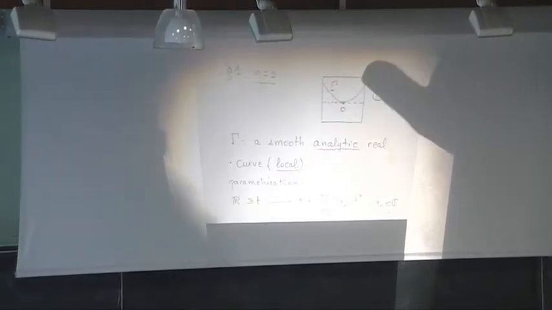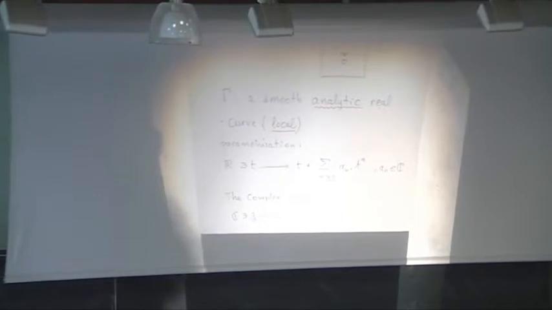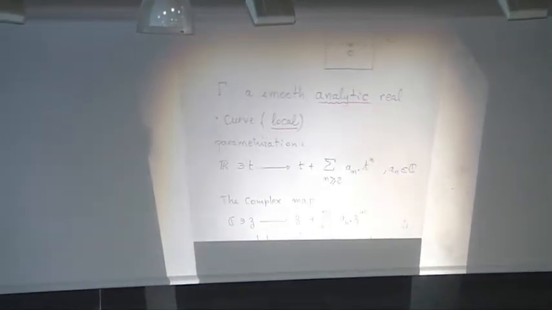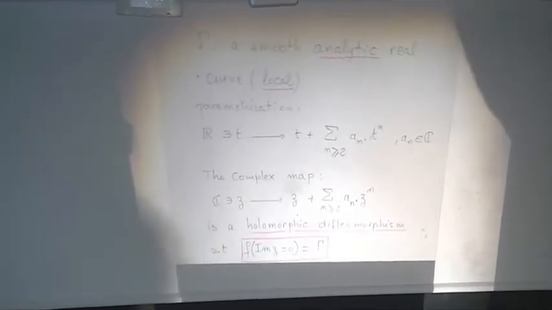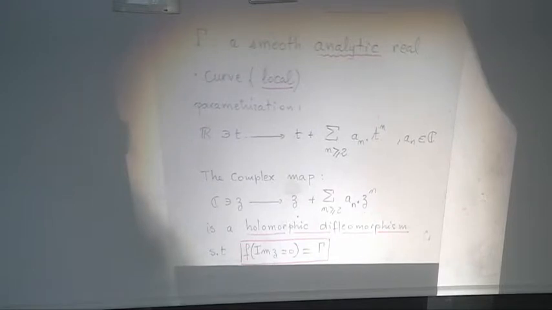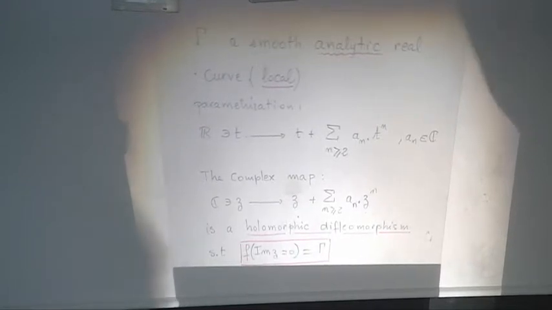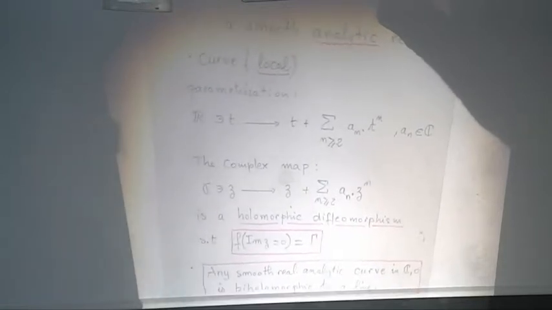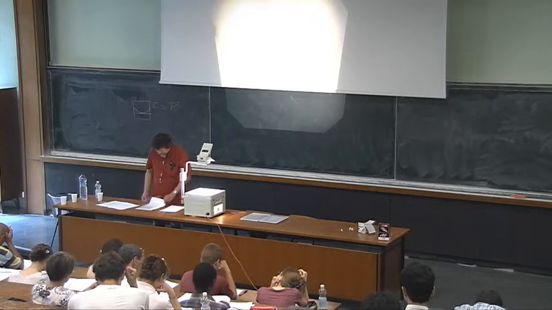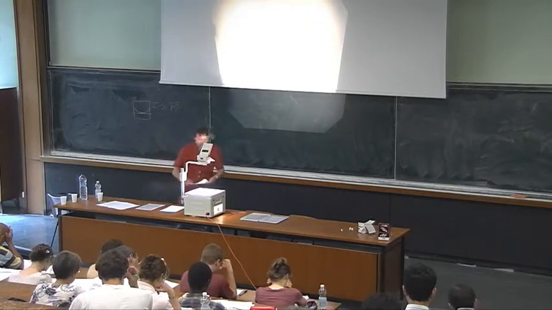And if you consider the holomorphic map with the same coefficient, you see that this map sends the real axis exactly into the curve. So any smooth real analytic curve in C is locally biholomorphic to a line. Okay? It's easy. Now, the same problem, but with 2 curves. And the same problem is very hard.